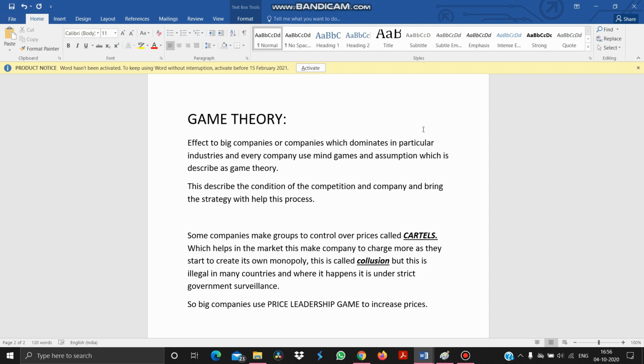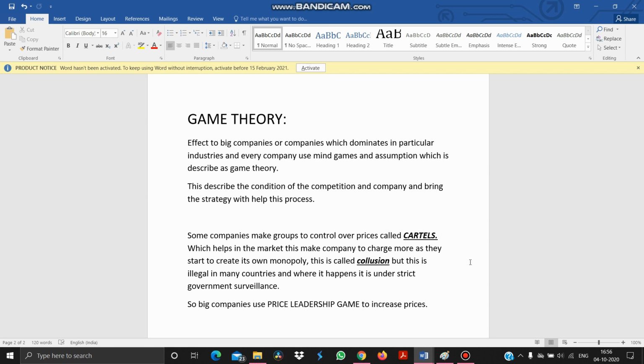This phenomenon is called a cartel, and the cartel helps the companies grow even further and increase prices as two companies have merged. For example, if there are two vegetable markets, one selling at a low price and one at a high price, and both get merged, that makes a cartel.